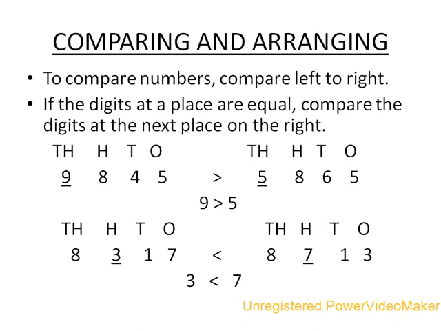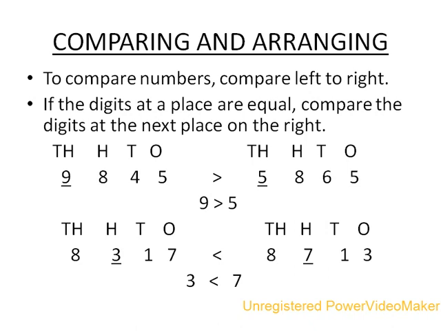Next example, 8317, and I am comparing it with 8713. Here the numbers at the thousands place are the same, that is 8. When they are the same, we will compare the next place, that is the hundreds place.